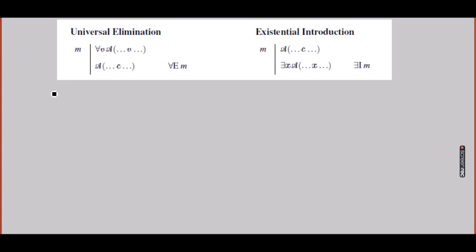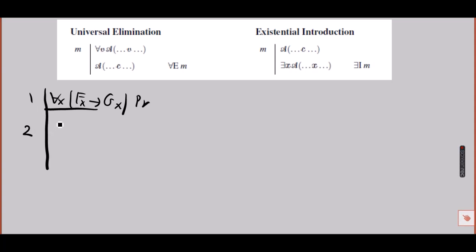So let's say that you have for all x, Fx arrow Gx. Maybe this is the premise. The rule tells us that from this you can get any instance of it.